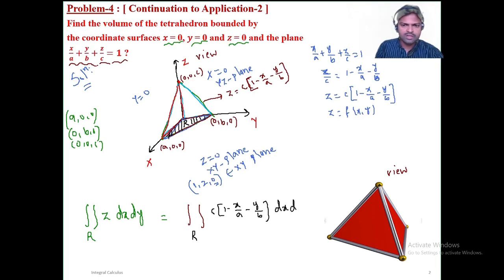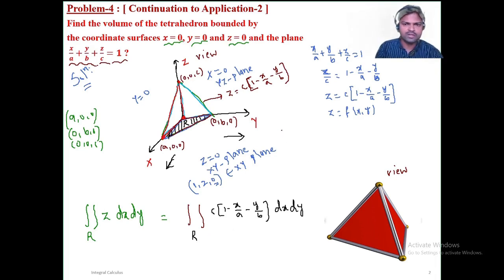Next we need to generate the limits, x limits and y limits. Now look, x is varying in this direction and y is varying in this direction. Let us take x as independent, x is varying in this direction, so this is the origin 0, 0, 0. From 0, 0, 0 to this point. Now 0 to a, so therefore x limits are 0 to a.